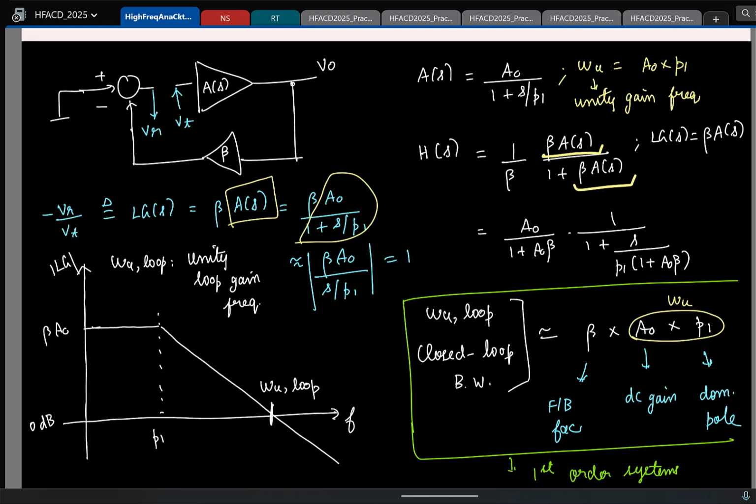Is the notation clear? For the amplifier, I'll call it unity gain frequency, and the amplifier is used in a loop with a feedback factor beta. The loop gain where it becomes unity is the unity loop gain frequency, and that is beta times this value. That's it.